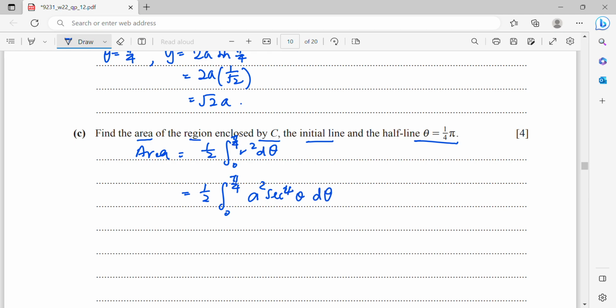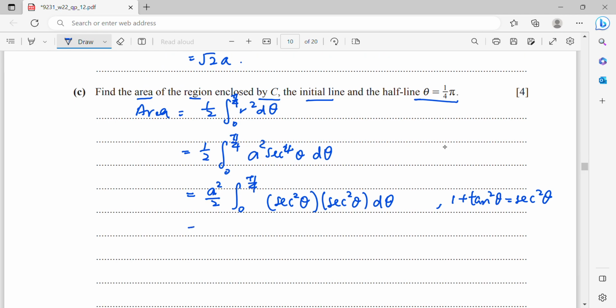Now to integrate sec to the fourth, first of all, factorize a squared because this is a constant. To integrate sec to the fourth, you may change it to sec squared times sec squared. And then we know that 1 plus tangent squared theta is sec squared theta.